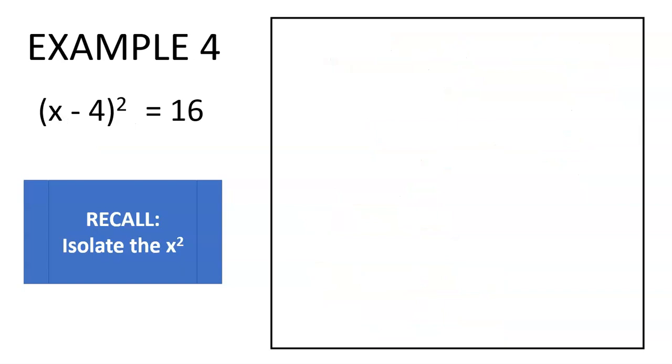Okay, in this problem, the squared is already isolated. All we have to do is isolate what is squared. This whole part right here, x minus 4, is squared. Think of this as being x squared. So it's already ready to do.